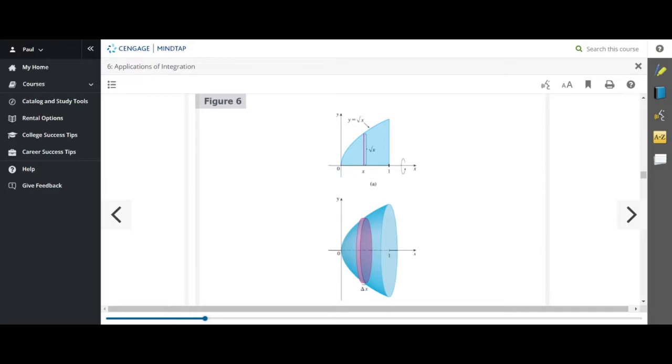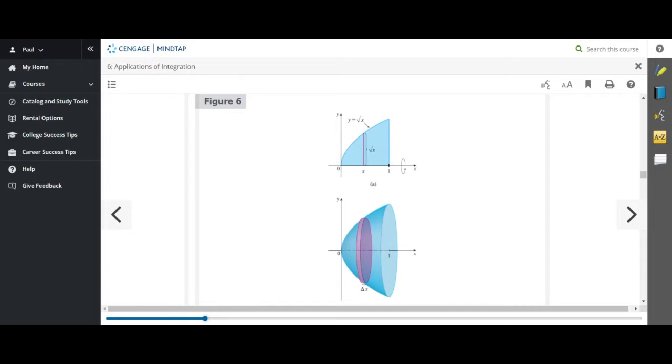So you see in figure 6, the first picture, we're rotating that region about the x-axis. For every value of x, the height of the function is square root of x, because y equals square root of x.